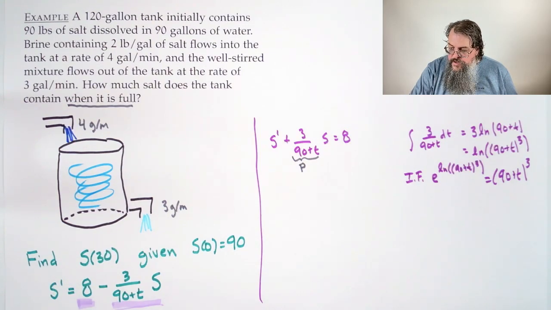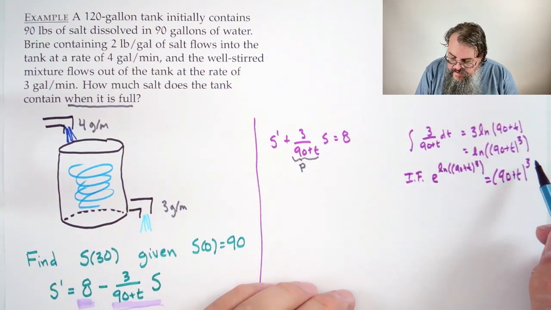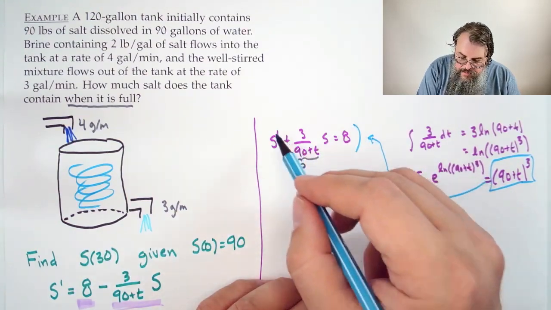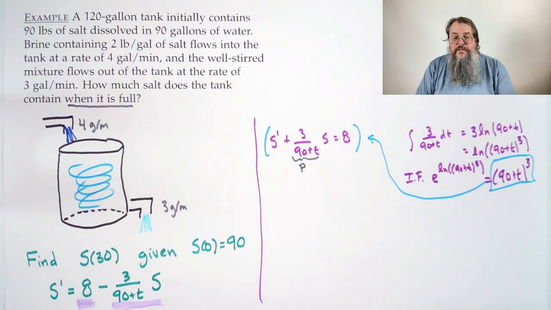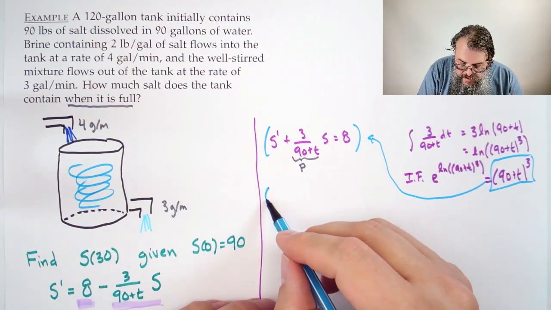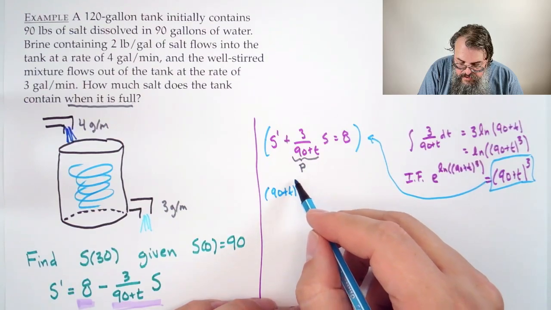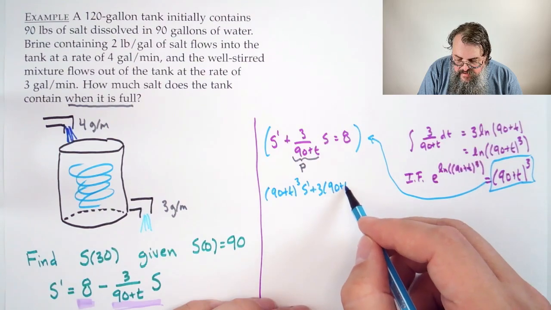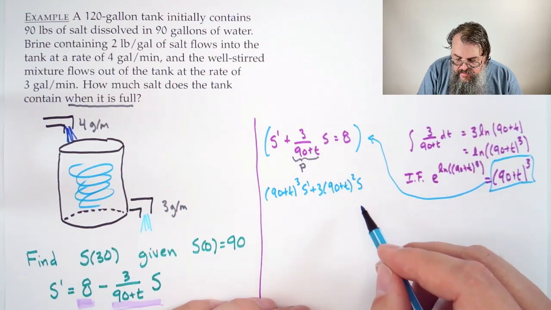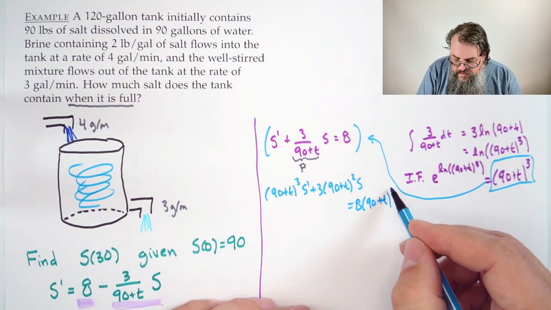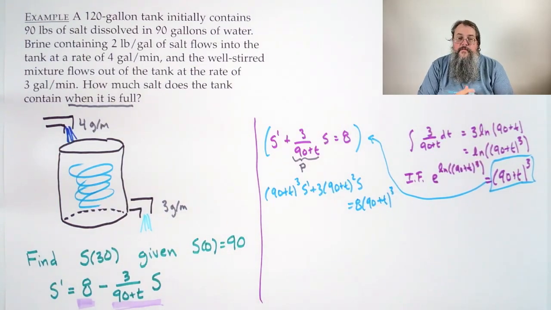So what we do here is we take this 90 plus t cubed and we multiply that equation through. So everything gets a 90 plus t cubed. And we'll end up with 90 plus t quantity cubed s prime plus 3 times 90 plus t quantity squared s equals, and I didn't plan very well for spacing here, but well, that happens, equals 8 times 90 plus t cubed.